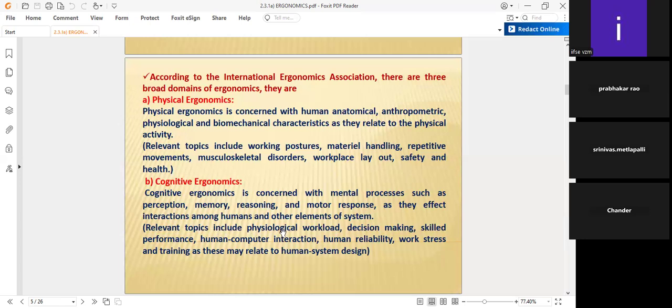That's why psychological workload, decision making, skilled performance, human computer interaction, human reliability, work stress, and training may relate to human system design. Because we have to see that a person should not cover a 16-hour job. Only an 8-hour job has to be considered. Physical is also important, and cognitive also.